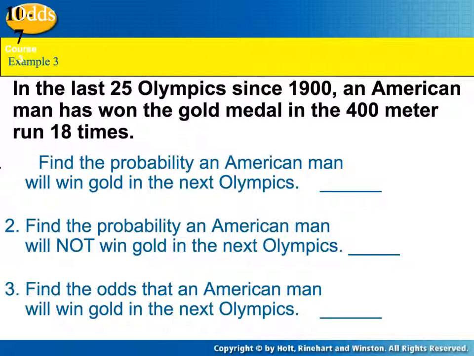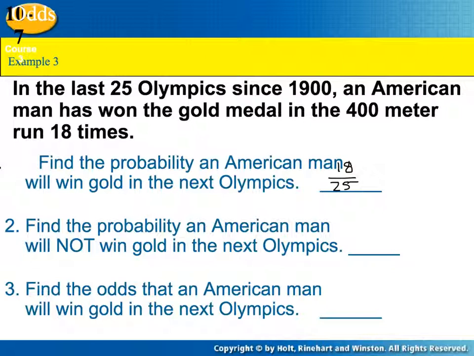Well, if I look at the probability, how many Olympics were there during those 25 Olympics? Well, there were 25 Olympics total. How many did an American win? 18. 18 out of those 25, an American won.